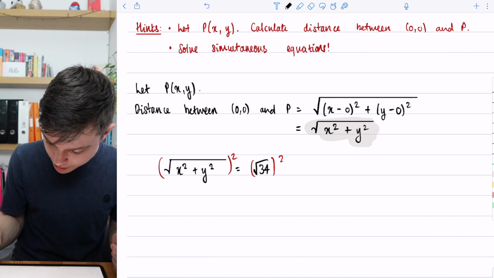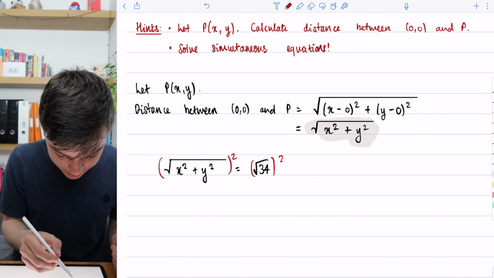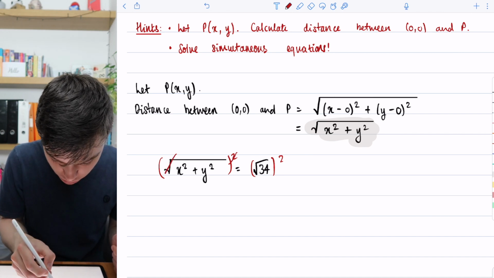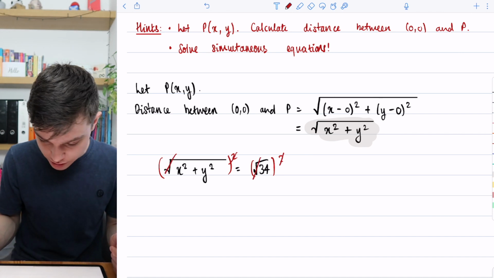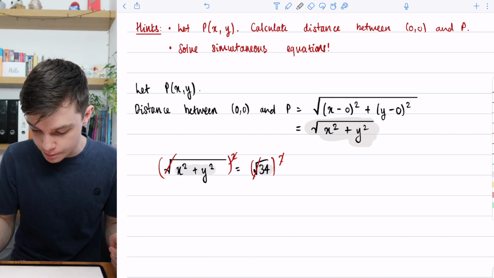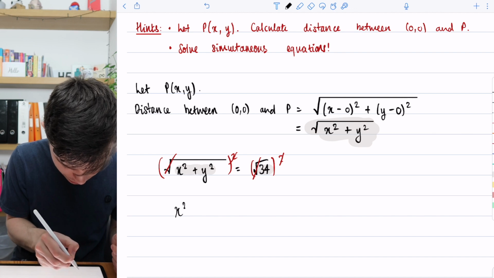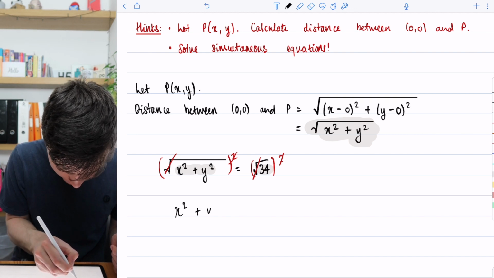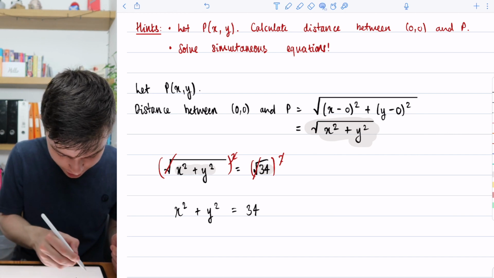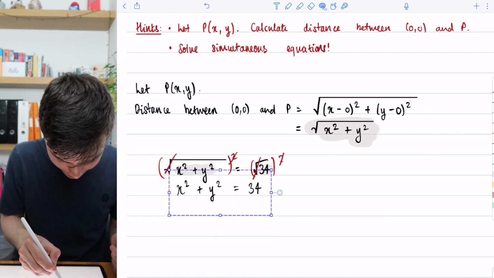So that's going to give me, well, I'll do a little bit of cancellation. The square will cancel with the square root, and the square there will cancel with the square root, just to leave me what's under the square root, okay? So we'll have x squared plus y squared is equal to 34, okay?